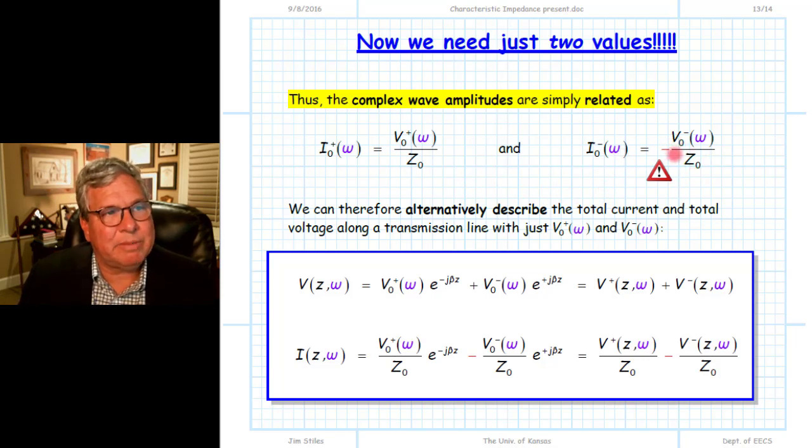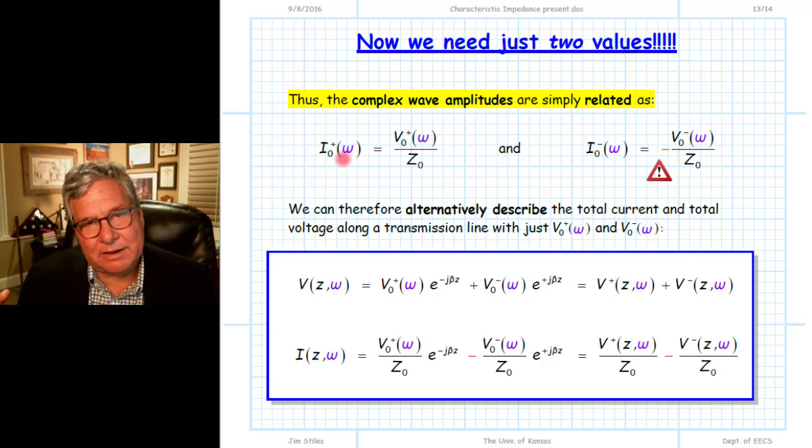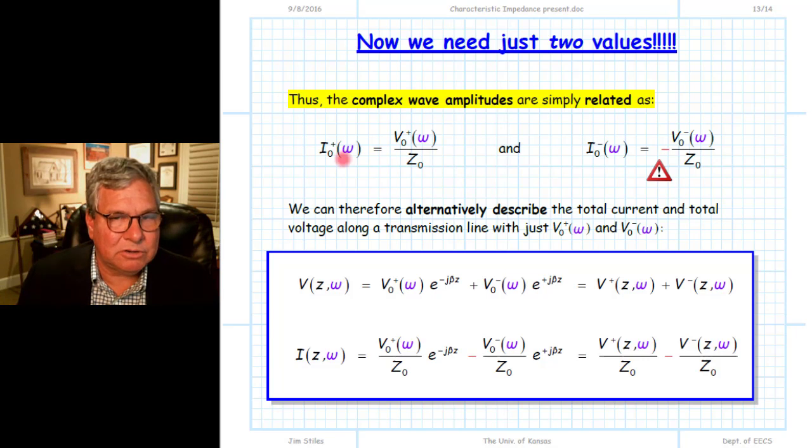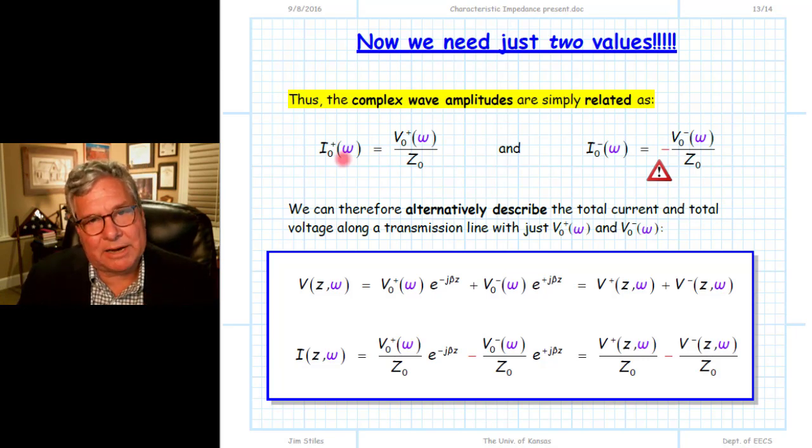If I know I0 minus, I immediately know V0 minus if I know the characteristic impedance. Likewise for V0 plus or I0 plus. And so the quest that we have in terms of transmission line circuit analysis really has been reduced from trying to find 4 different complex numbers to really just finding 2 complex numbers, 2 complex wave amplitudes.